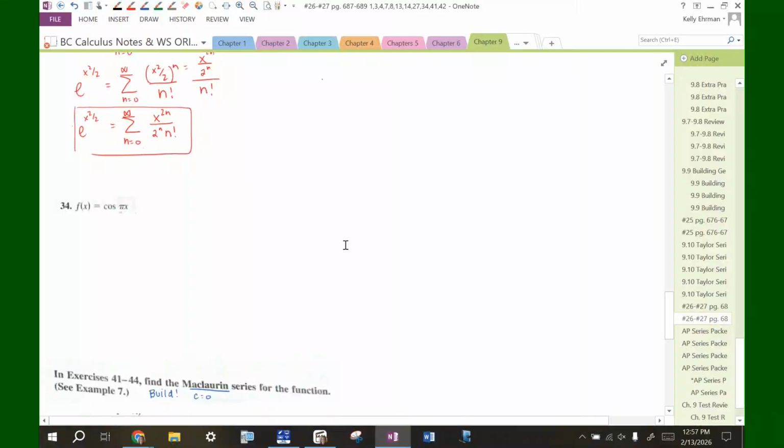All right, 34. Same thing. We have a series for cosine. Cosine x. It is this. Negative 1 to the n times x to the 2n plus 1 over 2n plus 1 factorial.